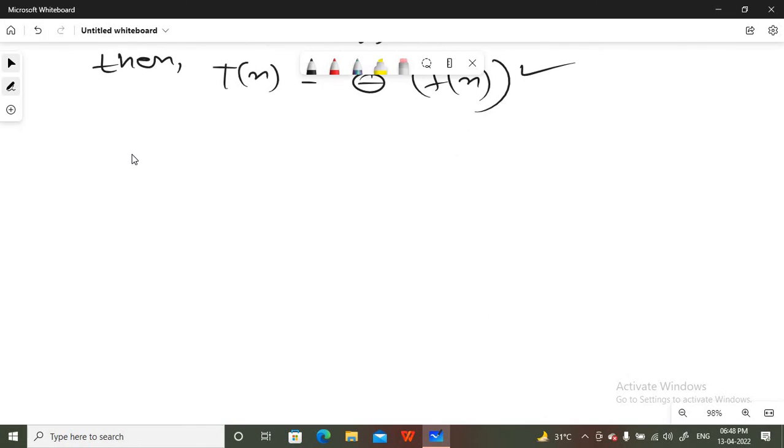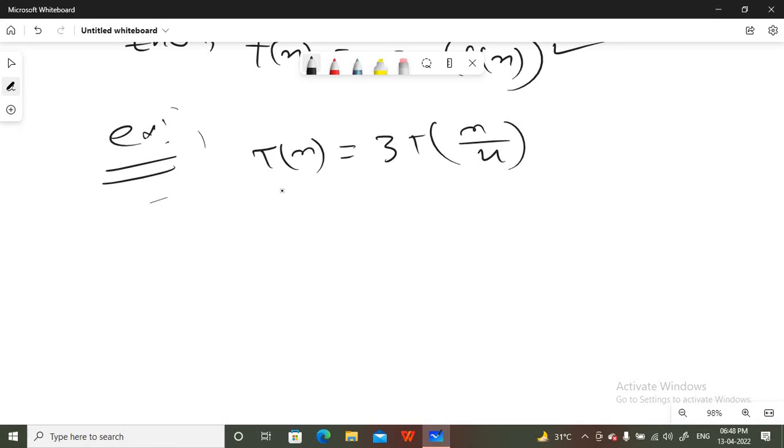Okay, so we will understand it better with an example, because it is better to start with an example. Let's take an example: T(n) equals 3T(n/4) plus n log n. First understand that a equals 3 and b equals 4.